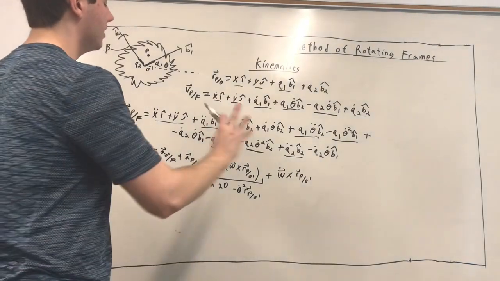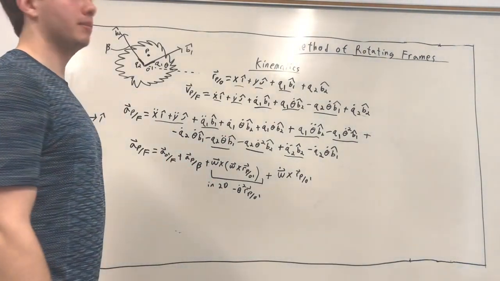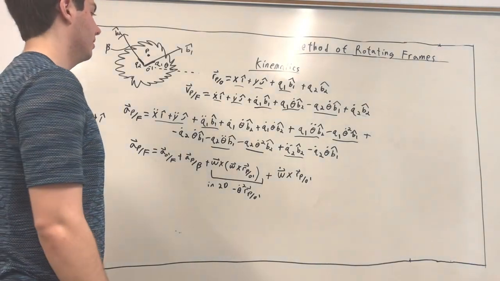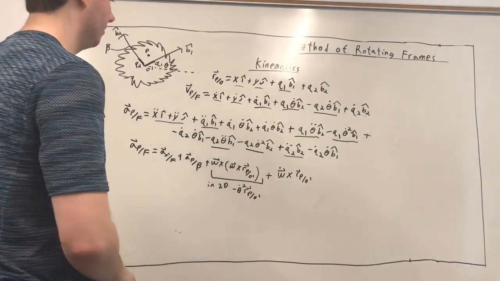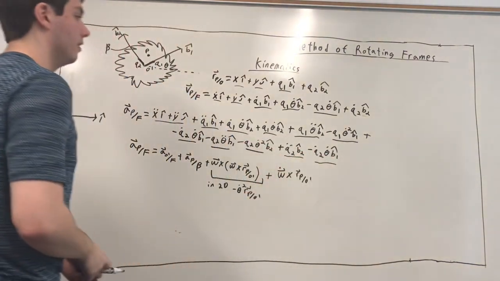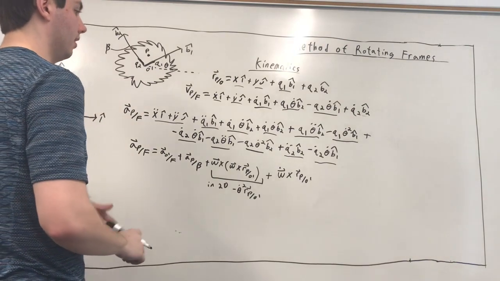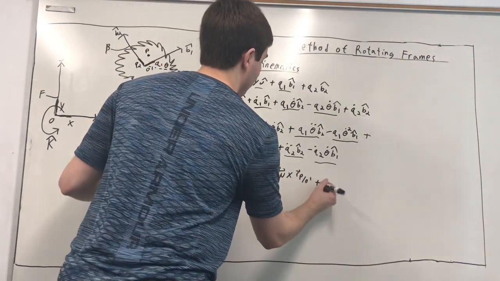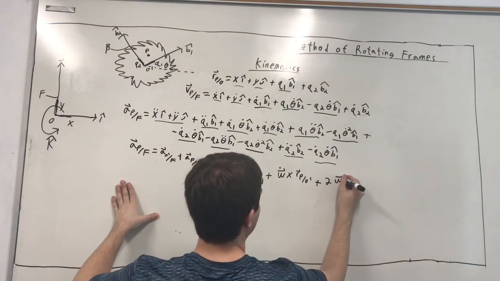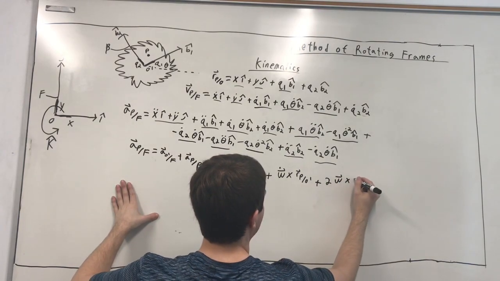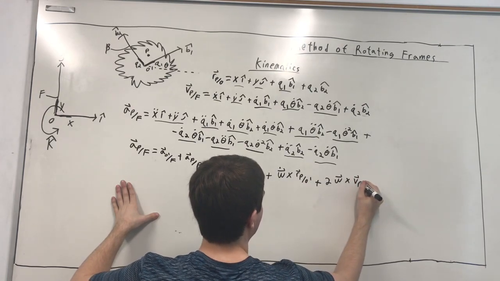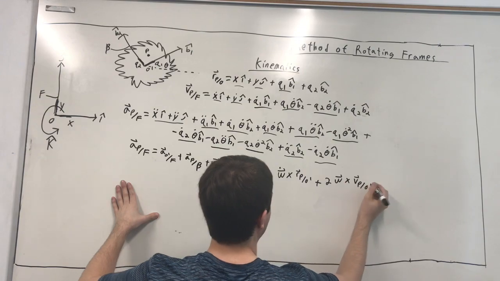And the last 4 terms turn into something that is a little harder to understand just by having a sense of it. It's the Coriolis part. So this part here, this part here, this part here, and this part here become plus 2 omega crossed with v of P with respect to O prime, I believe.